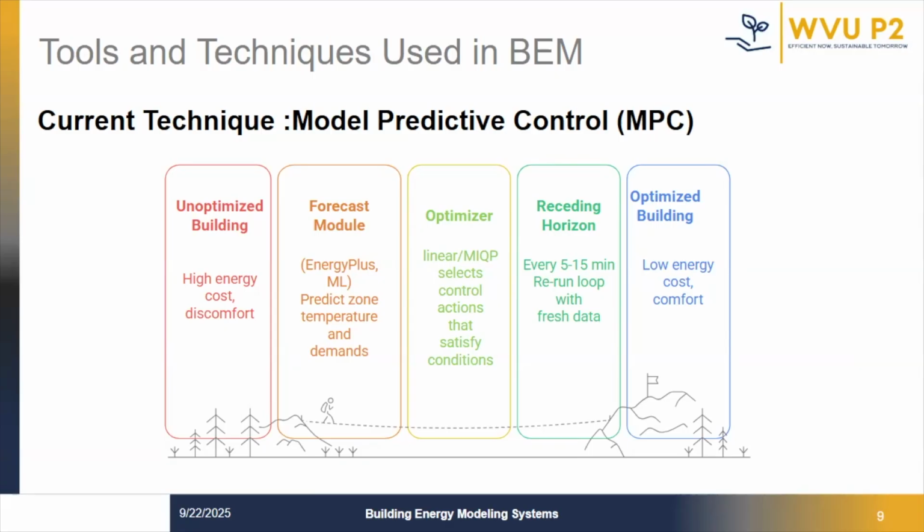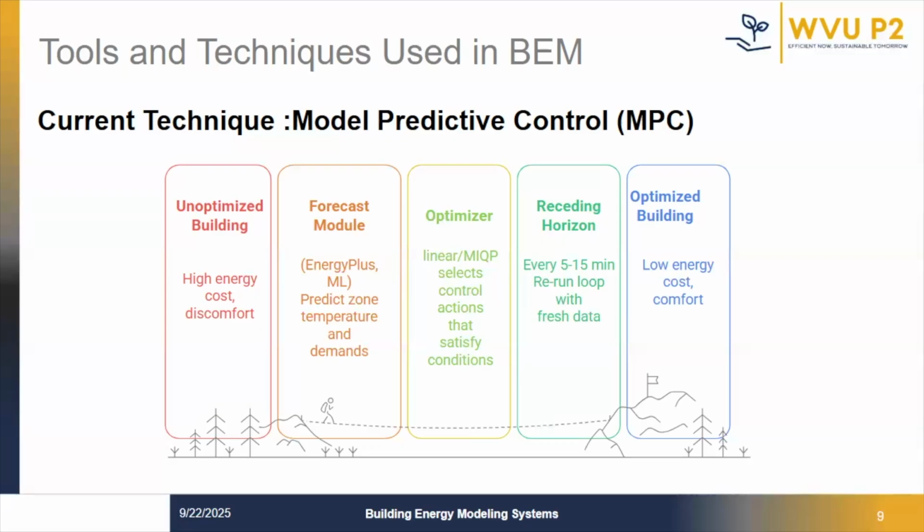This slide outlines the advanced technique of model predictive control, which moves building energy modeling from passive analysis into active, real-time optimization. Unlike traditional reactive systems that lead to high cost and discomfort, model predictive control uses a forecasting module. This module, powered by tools like EnergyPlus or machine learning, is used to predict the temperature and demand.